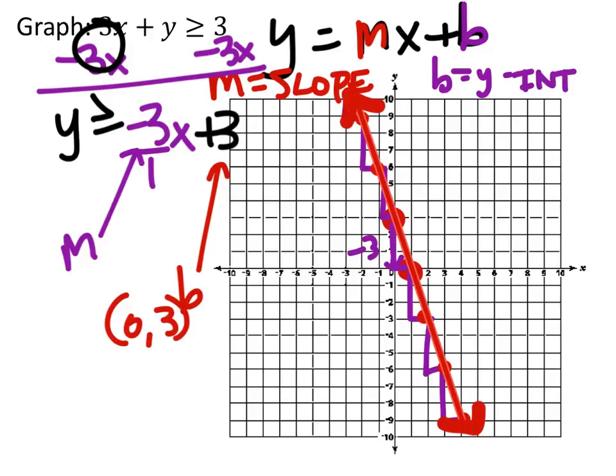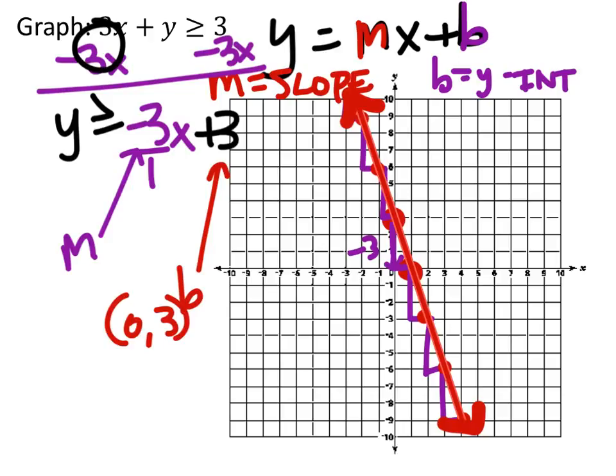So there's our line. The next thing we would want to do is to check, looking up here, or even in the slope-intercept form, that it's also equal to. So this actually will be a completely solid line right here, okay? So we don't need to make that a dashed line.